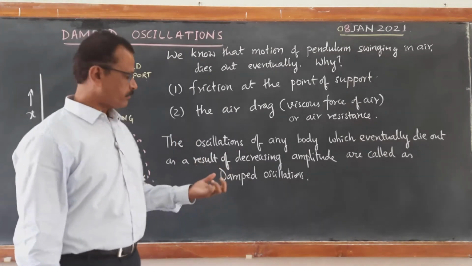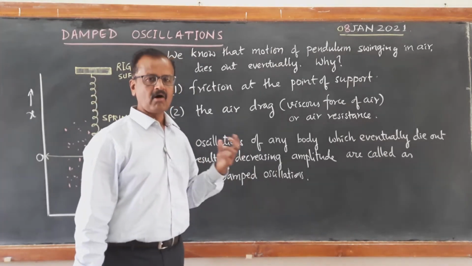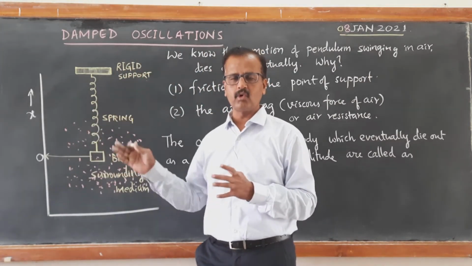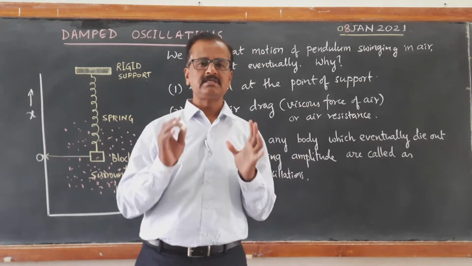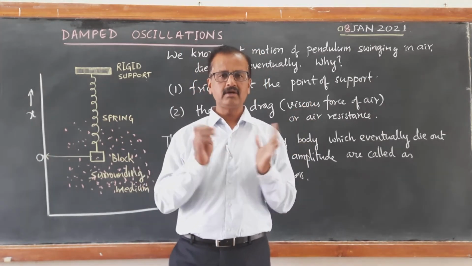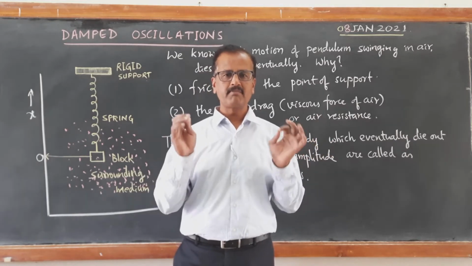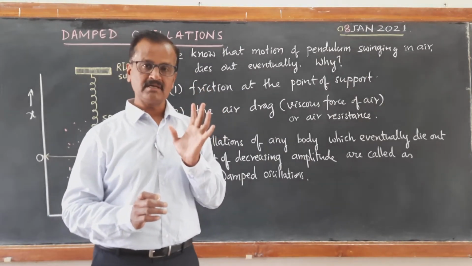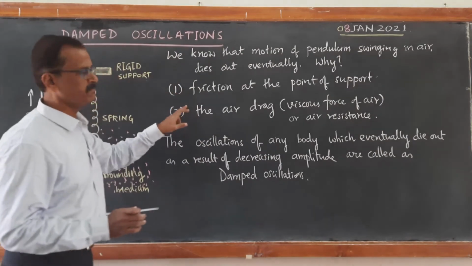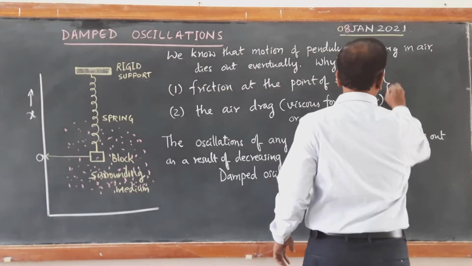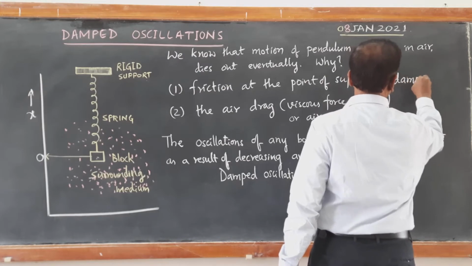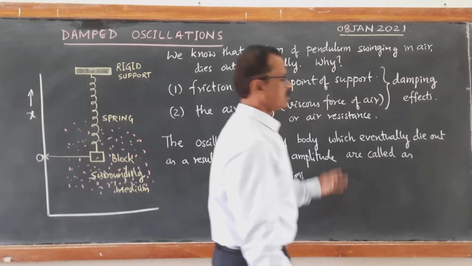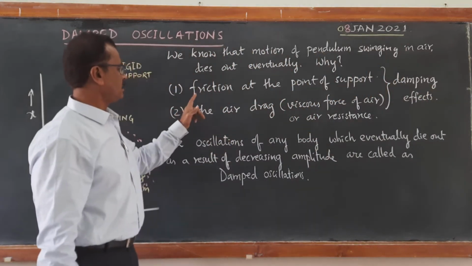In other words, with less damping, the oscillations of a pendulum or of a spring attached with a load are taken to be simple harmonic oscillations. They execute simple harmonic motion when the damping effects are considered to be minimum. The main causes of damping effects are air resistance and friction.